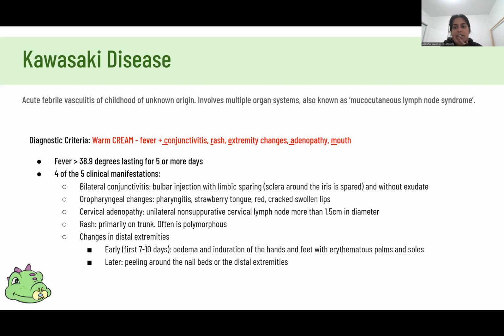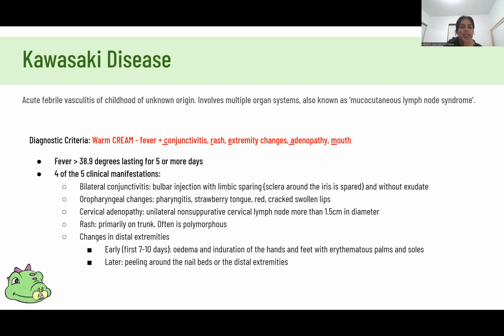In terms of diagnostic criteria or even just symptoms, it is a clinical diagnosis, and the way to remember the diagnostic criteria is WARM CREAM. So warm as in fever of greater than 38.9 for 5 or more days. And then CREAM: C for conjunctivitis, bilateral conjunctivitis, R for rash. It'll be similar to the rash for scarlet fever in the sense that it's on the trunk, but there's no sandpaper-like quality to it.